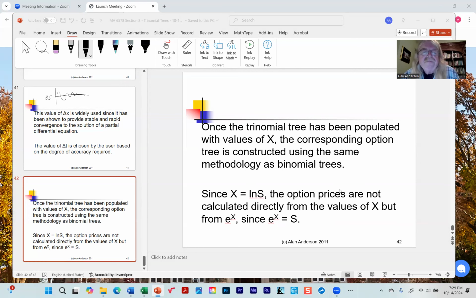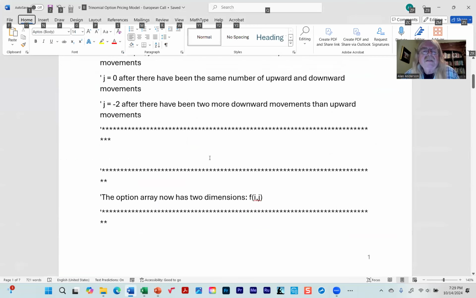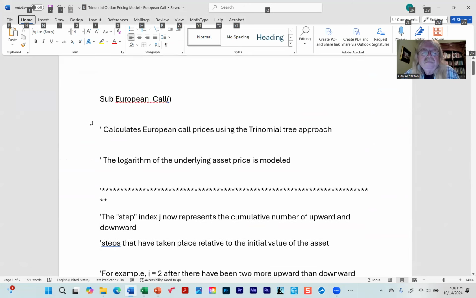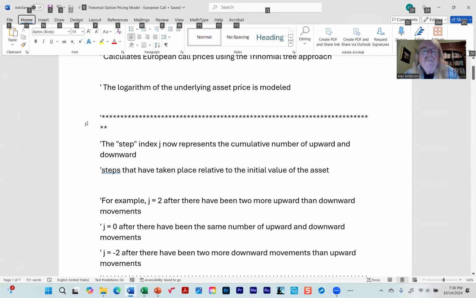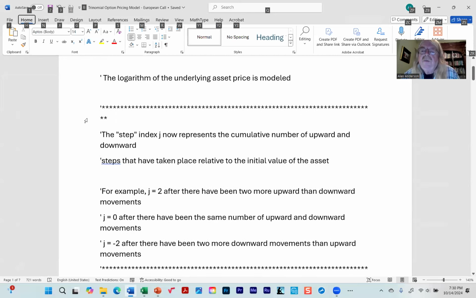Okay, so with all that background, why don't we look at the code for a minute? I've put it in here on a Word document so we can read it properly. It starts out as a subroutine or macro. But we have to watch out for the indexes with a binomial tree.